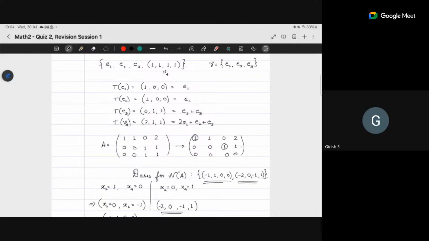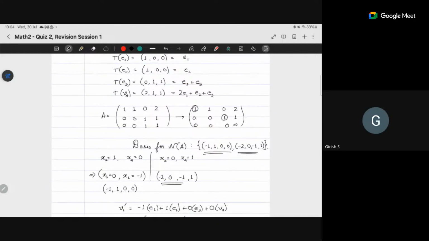How to calculate the null space of a matrix is something that we know. The basis that you get for the null space is not exactly the kernel of the transformation, but it is the coordinates of the vectors in the kernel of the transformation. So you have to recover those vectors back using the same basis. Use the basis to go to the matrix, compute its coordinates, and come back using the same basis.